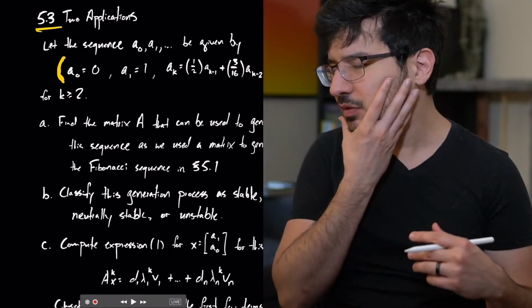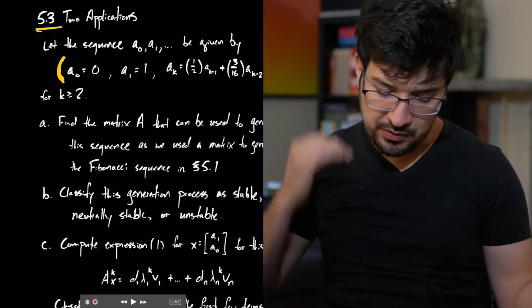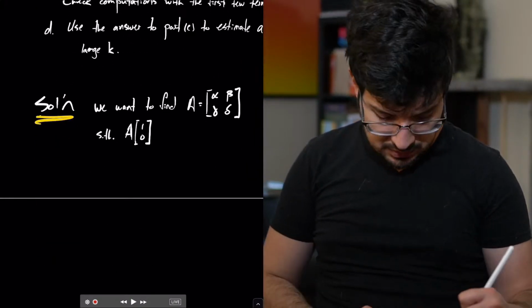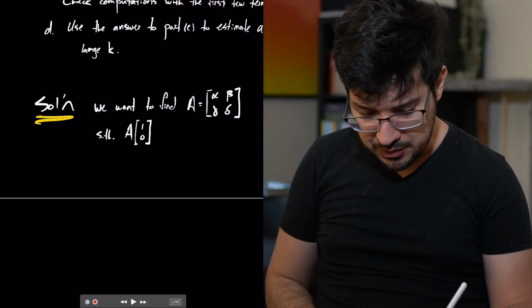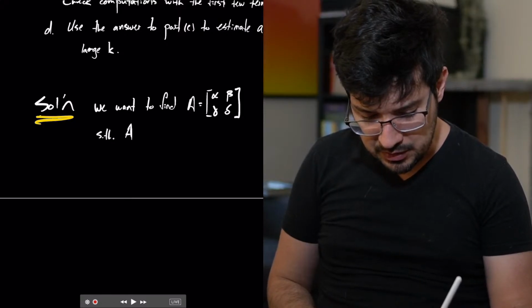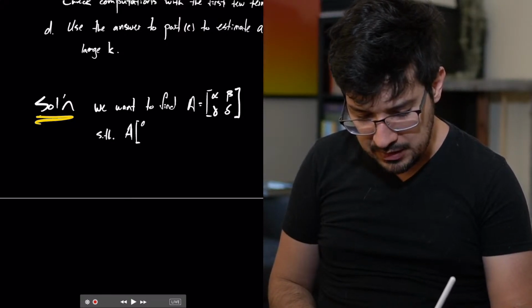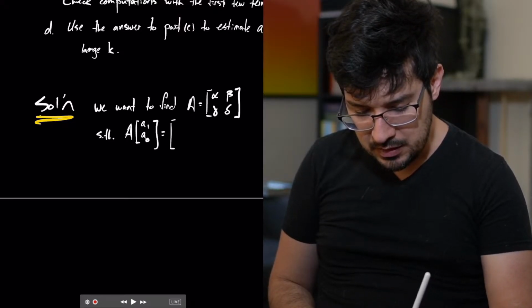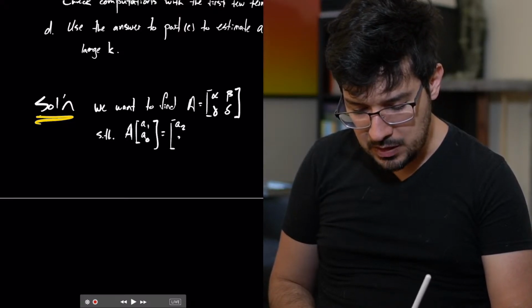You could probably swap these two entries, but so far in the book, it's always put that way. Let's write it this way, such that capital A times (A1, A0) equals (A2, A1).